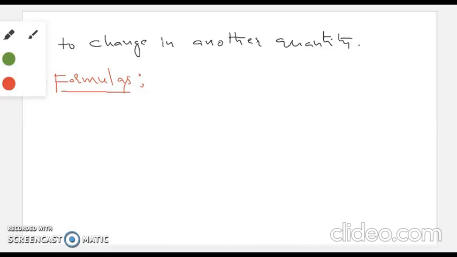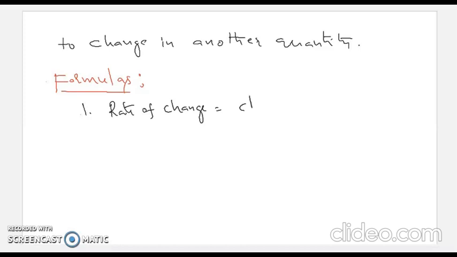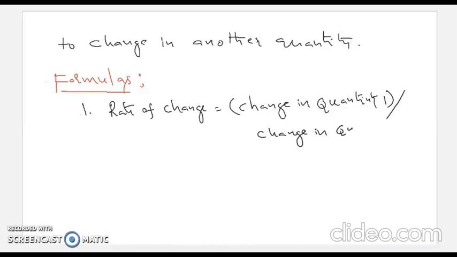Starting with the first formula. Rate of change is equal to, the formula for this is the basic formula: change in one quantity, or change in quantity 1, divided by change in another quantity, that is quantity 2.